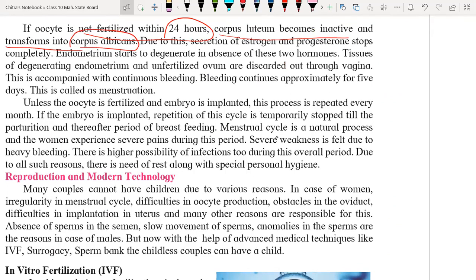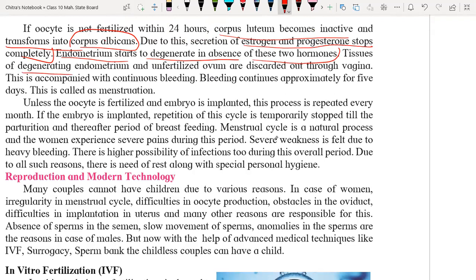Very important. Corpus luteum converts into corpus albicans. Due to this, the secretion of estrogen and progesterone stops completely, and the endometrium starts to degenerate. The endometrium will degenerate in the absence of these two hormones.